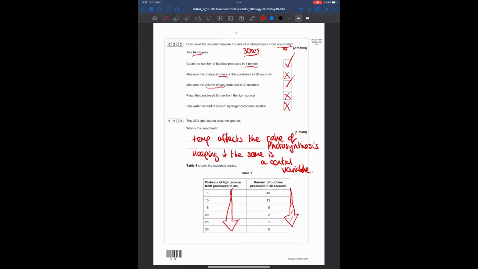If we relate that to light intensity, obviously you have more light intensity when it's closer compared to when it's further away. So you know that when there is more light, there is more bubbles, there's more photosynthesis, and when there is less light, there is less bubbles and less photosynthesis.